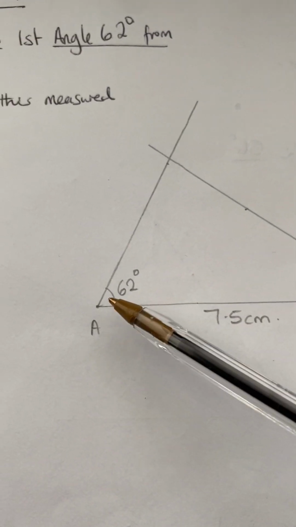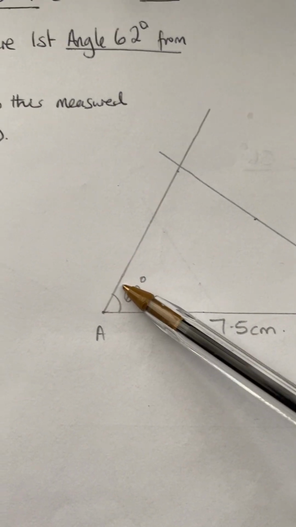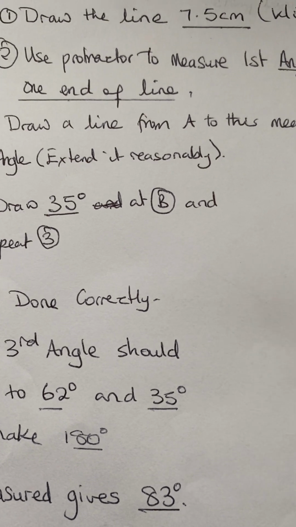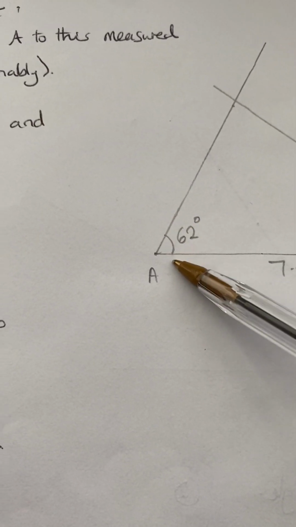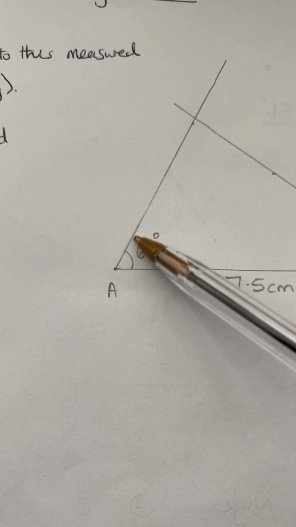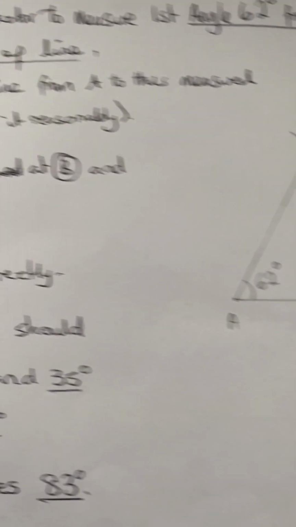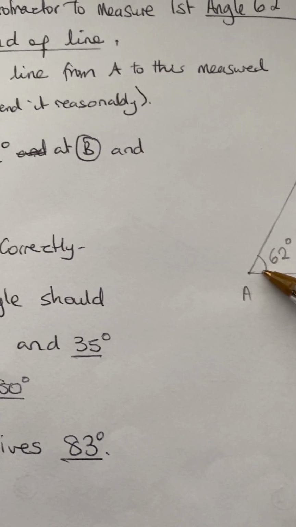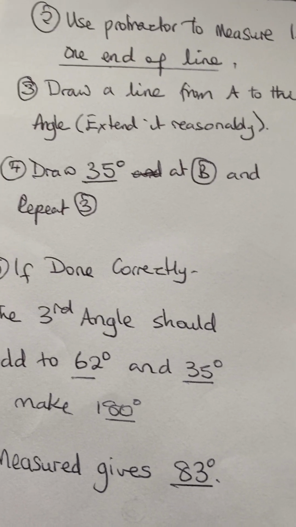So I'll measure the bigger angle. The first angle, the big angle, is 62. So when I measure it from this point, I get 62. That is my 62 degrees with my protractor.